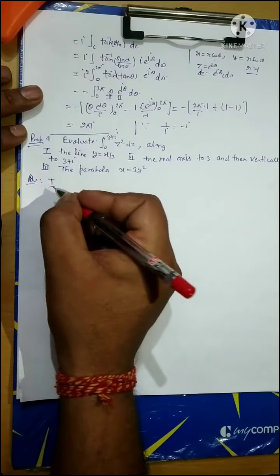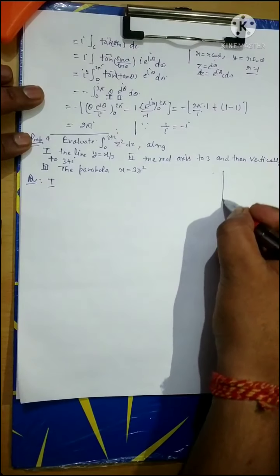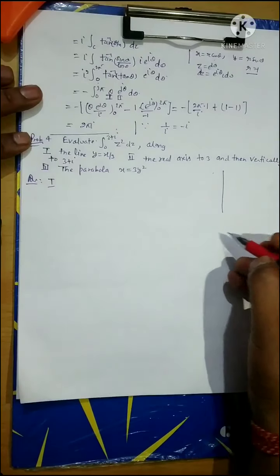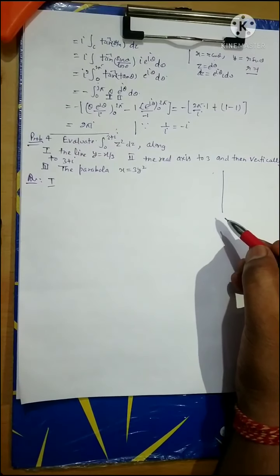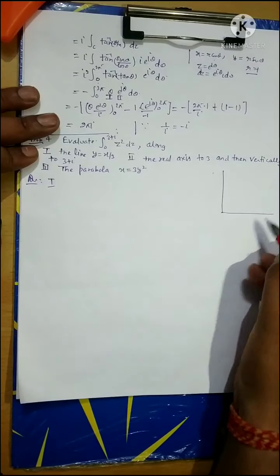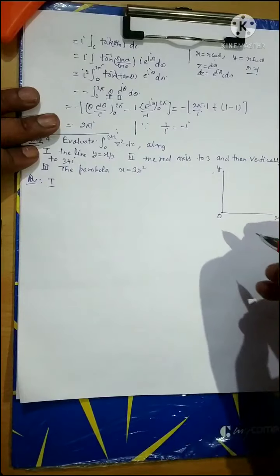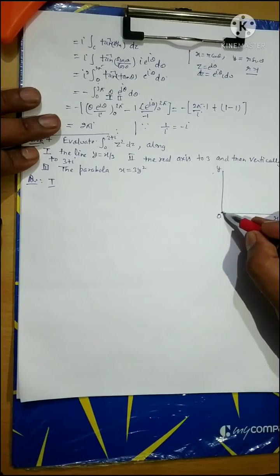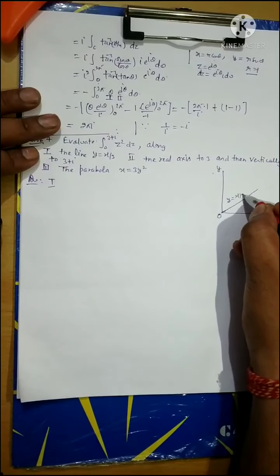First part. Now the problem can be explained by using the graph: 0, x-axis, y-axis, that is origin. Now y is equal to x by 3.